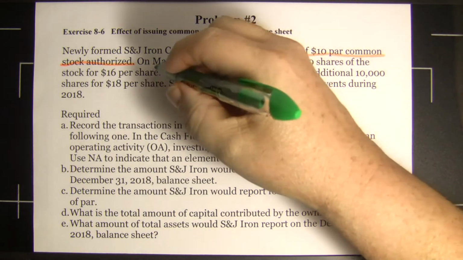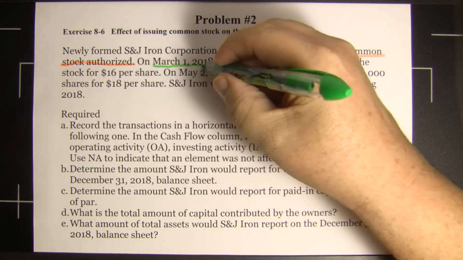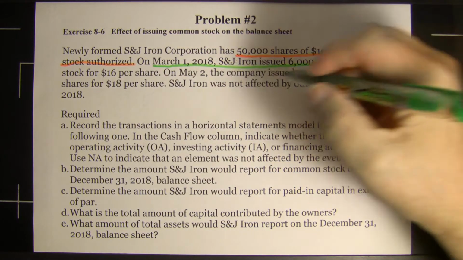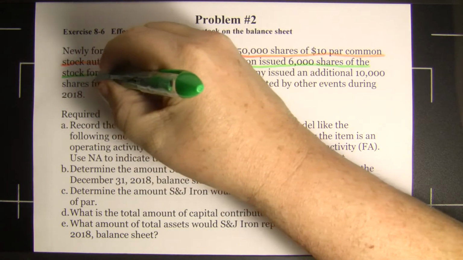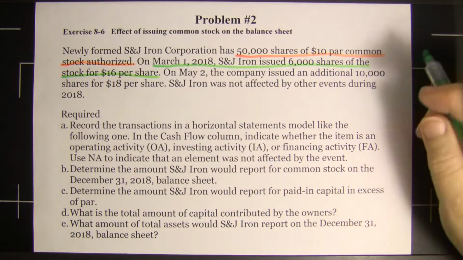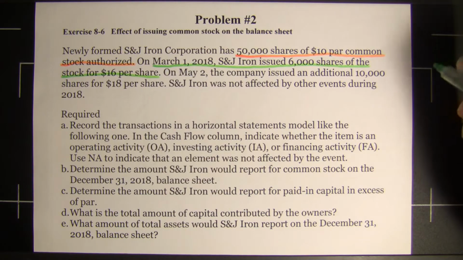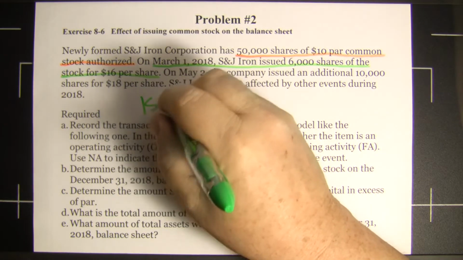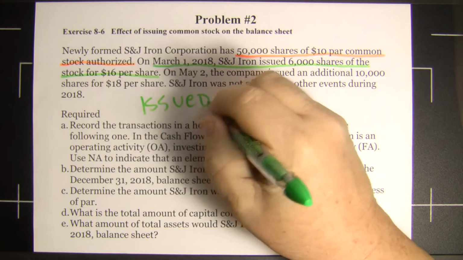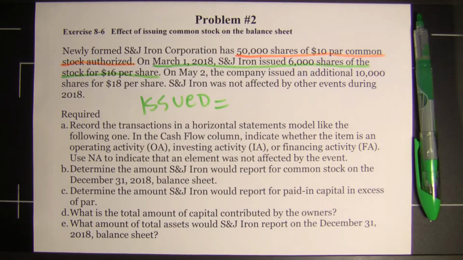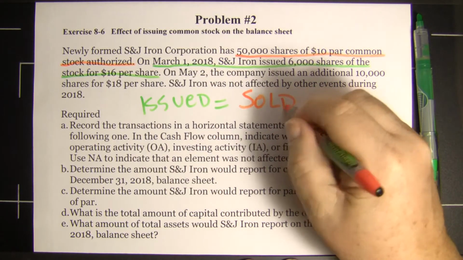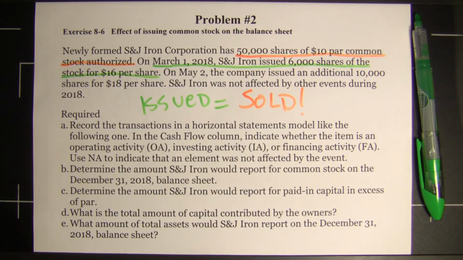In March, they issued 6,000 shares of the stock for $16 per share. Issued is accounting babble for sold.